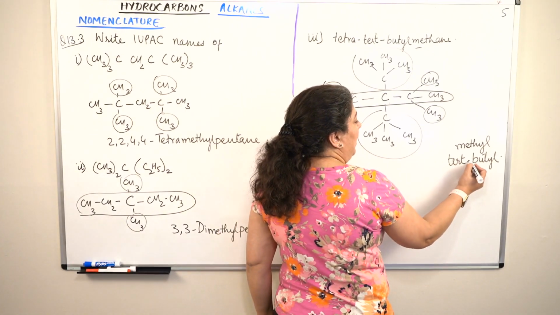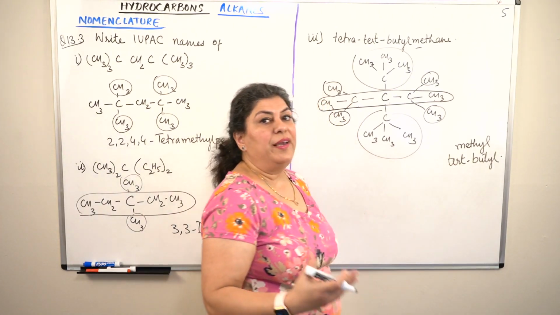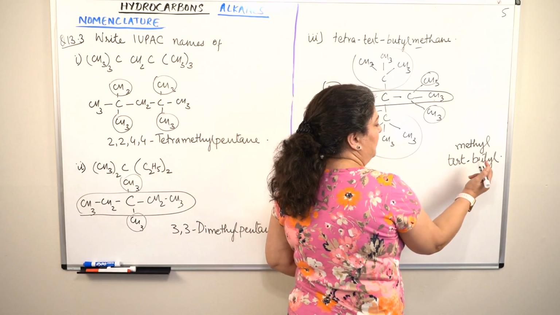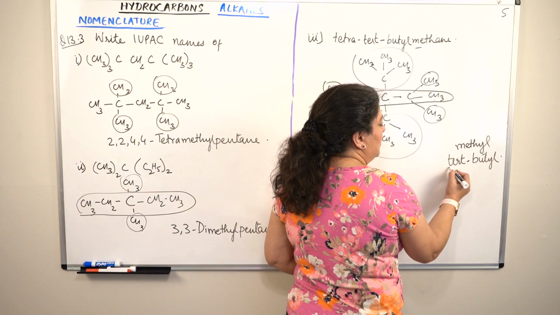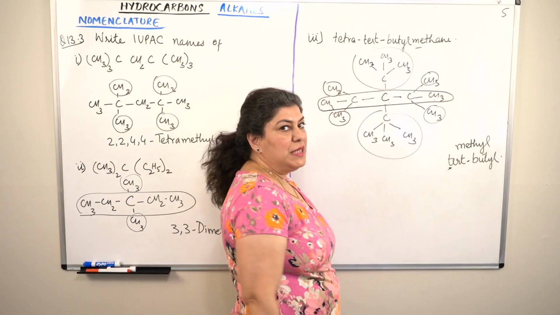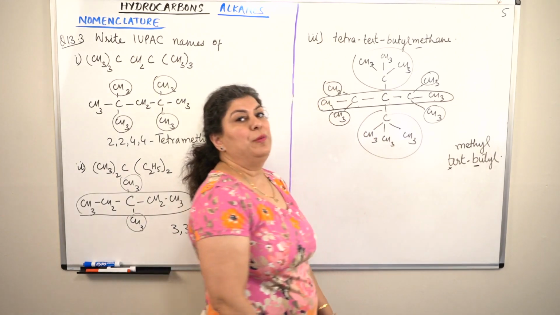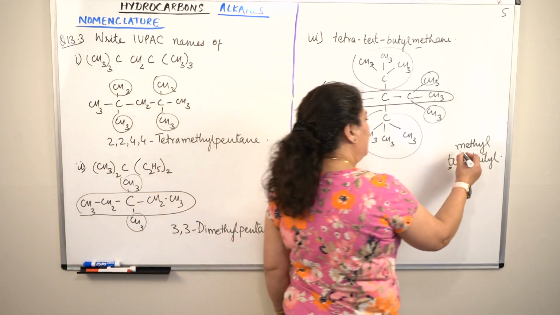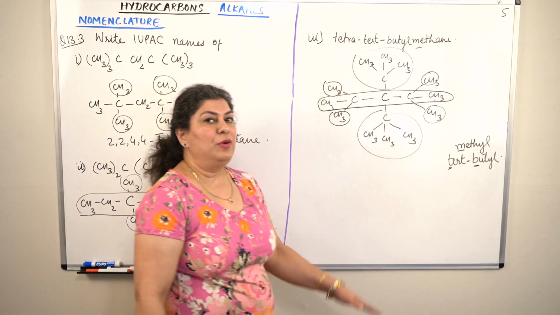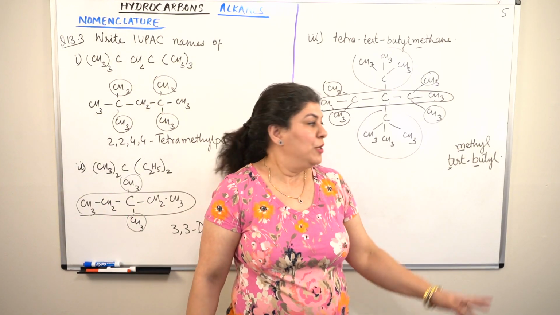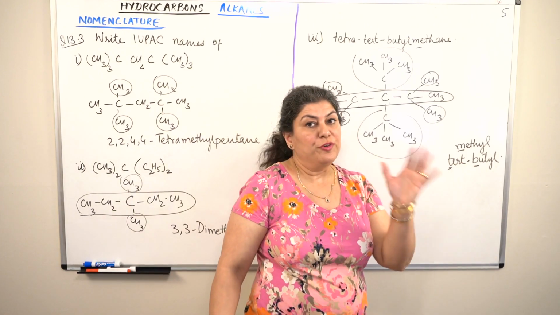When you have a hyphen in between, like di, tri, and whenever there's a hyphen, that's not one word. And therefore, this is not considered in the alphabetical order. The T is not considered. Rather, the B of the butyl group will be considered. And here you have methyl. So which comes first in the alphabet? B comes before M. So we have to write the tertiary butyl group first.